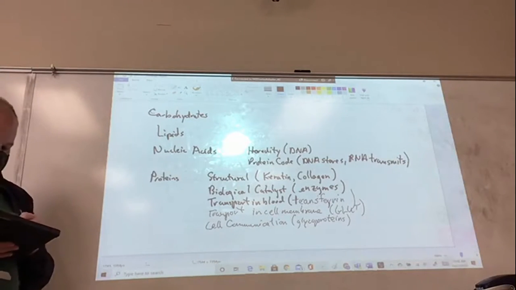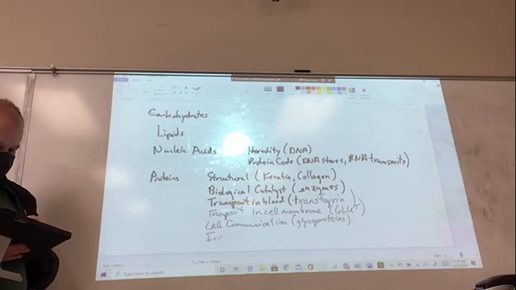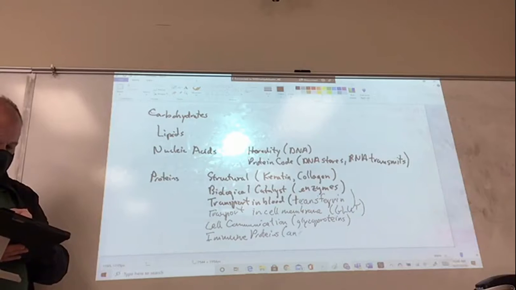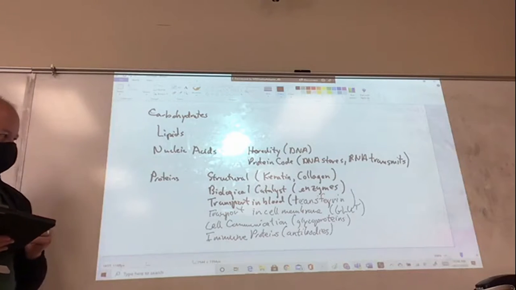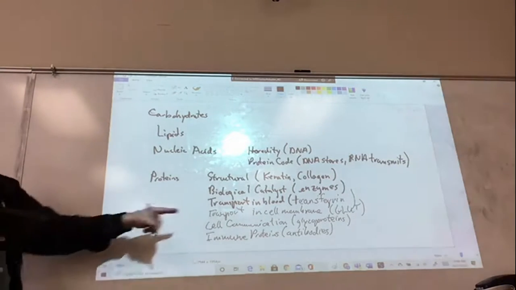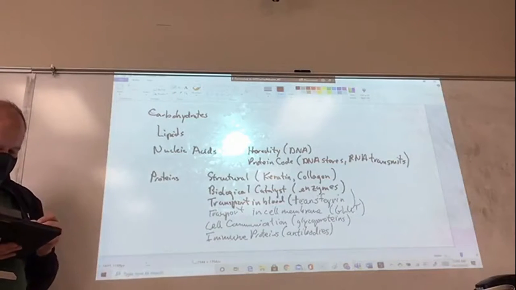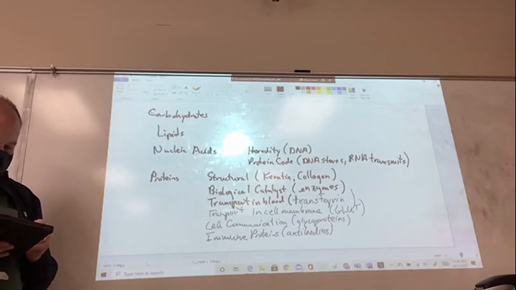We had immune proteins. And these were antibodies. And then we had two more. So that's transport. Cell membrane receptors. Hang on just a minute.